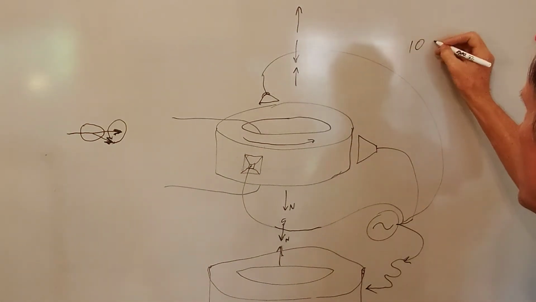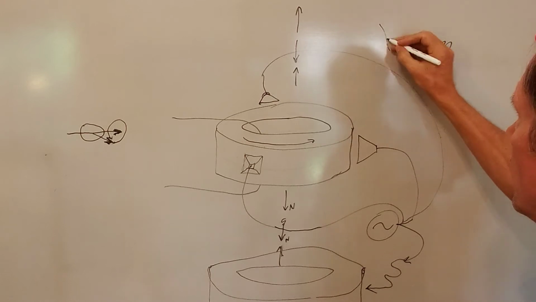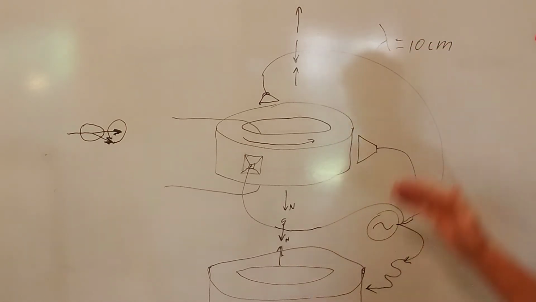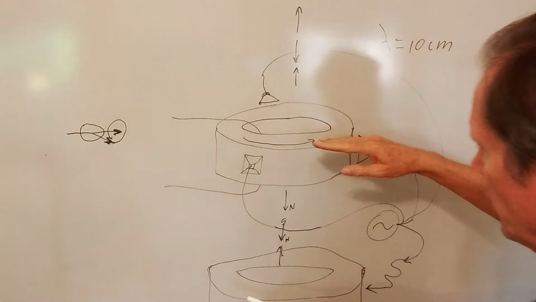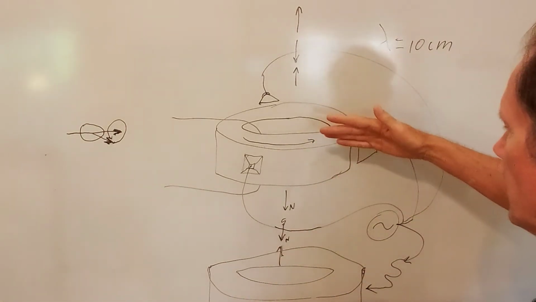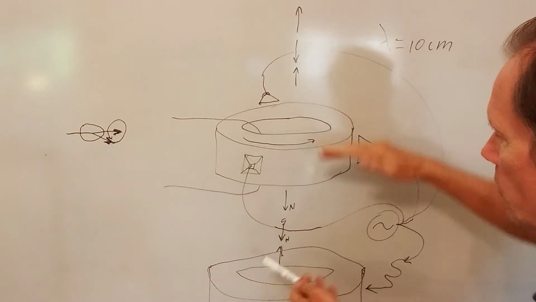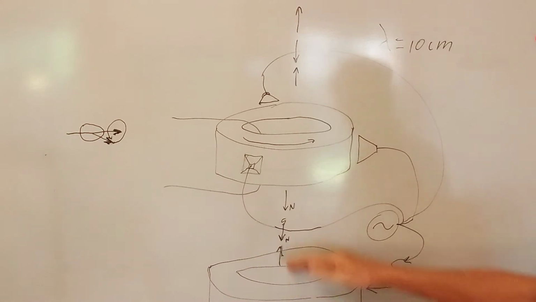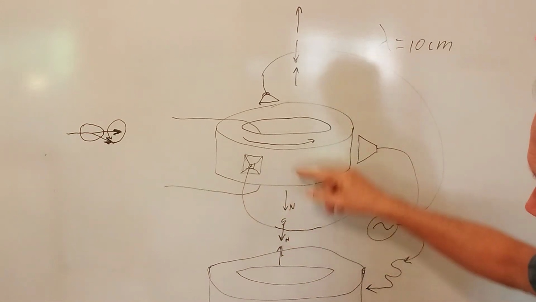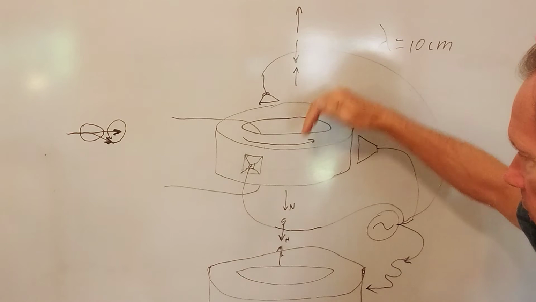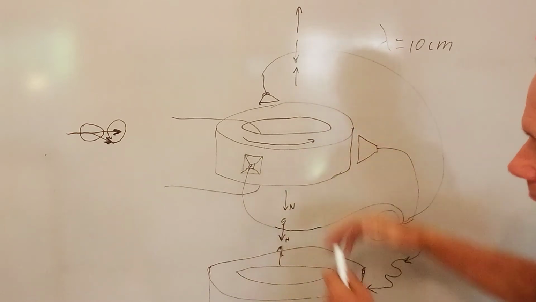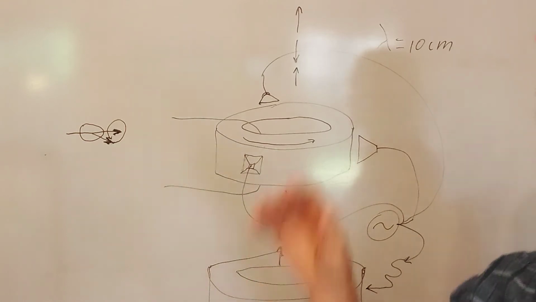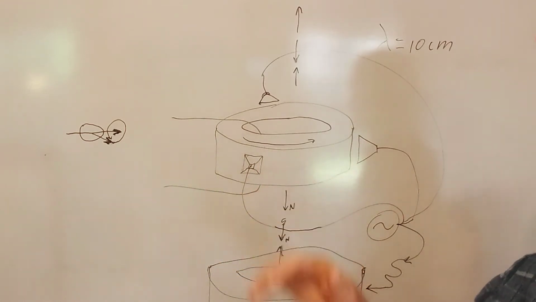Okay, so 10 centimeters is your lambda, and then you go the distance of 10 or 15, let's say example 15 centimeters between the two, then you're going to have 1.5 wavelengths, and so obviously the time it takes for one's magnetic field source signal to reach the other is going to change by 180 degrees phase shift just because of the distance between them.